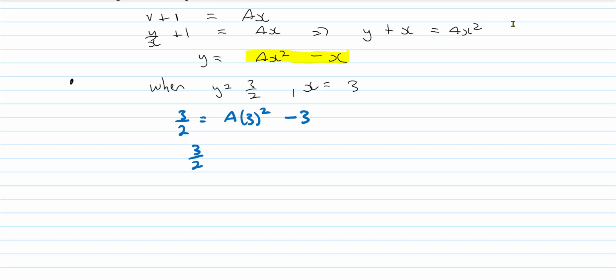So therefore we get 3 over 2 is equal to 9a minus 3. And then if we add 3 to both sides, we're going to get 9a is equal to 9 over 2.